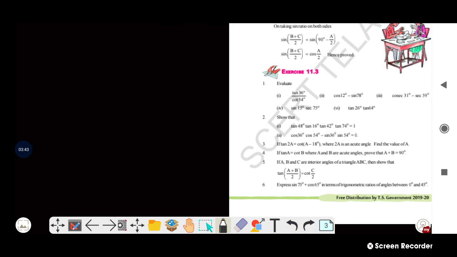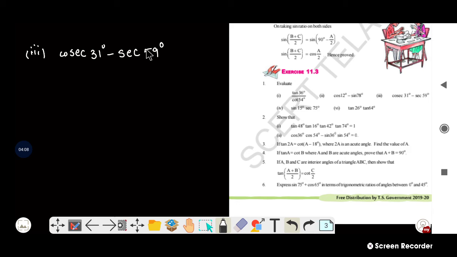Then you go for the third one. So third one now. The third one, cosec 31 degrees minus sec 59 degrees.